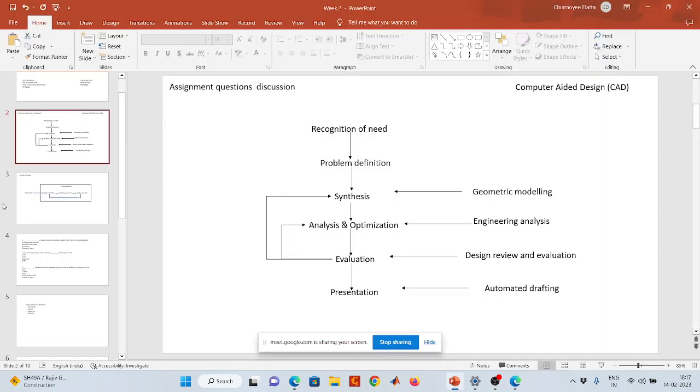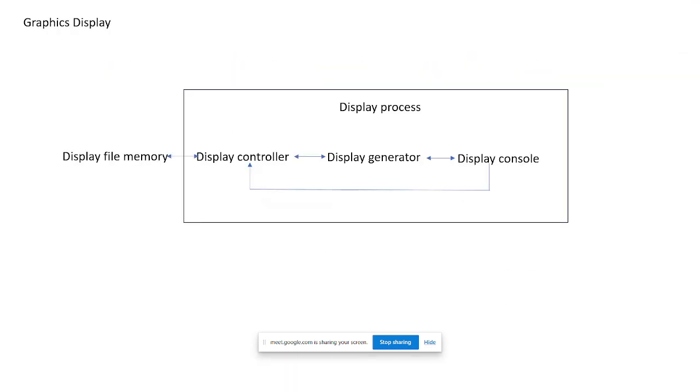Then comes computer graphics display. Graphics display is considered an important component for viewing images. It enables the user to communicate with the displayed image by adding, deleting, blanking, or moving graphics on the display screen.